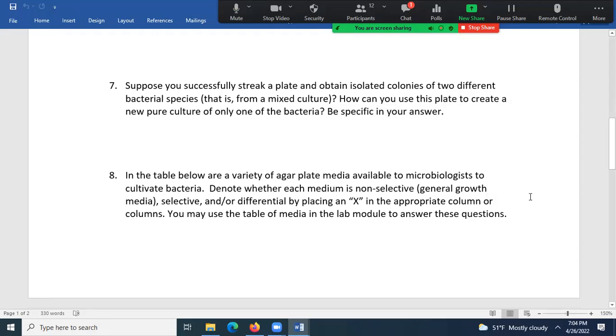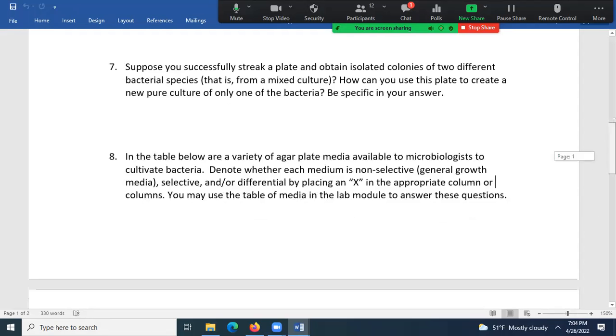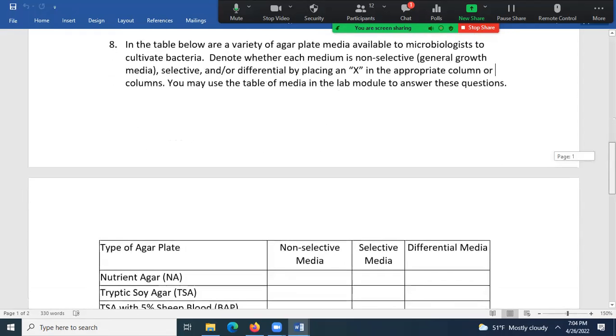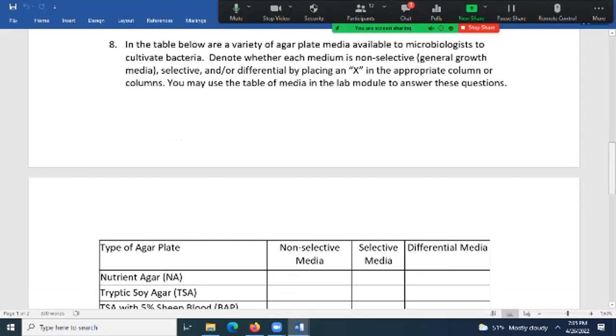And 8, in the table below are a variety of agar plate media available to microbiologists to cultivate bacteria. Note whether each medium is non-selective, selective, or differential by placing an X in the appropriate column. There may be more than one X in the row. You may use the table of media in the lab module to answer these questions.